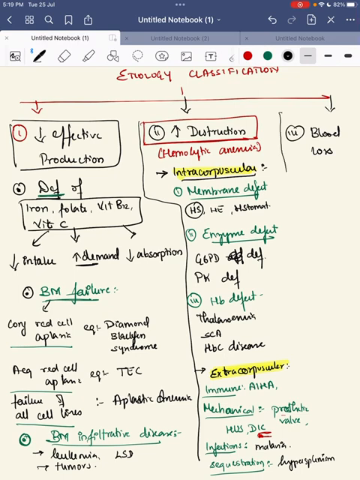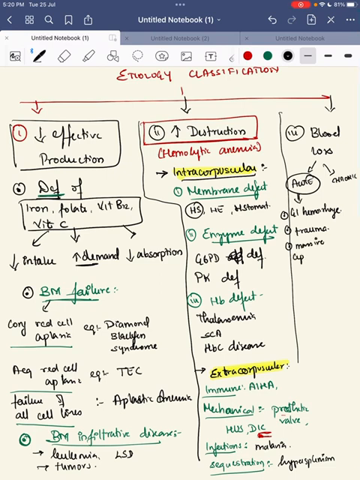Okay, next we will see the blood loss. So blood loss can be either an acute blood loss or a chronic blood loss. In acute blood loss, examples are GI hemorrhage. In a child with EHPVO, the child can have GI bleeding, or when there is a trauma, or in newborn infants, when the child has a massive septal hematoma, or a subgaleal bleed.